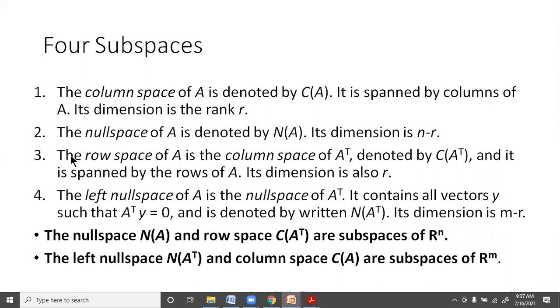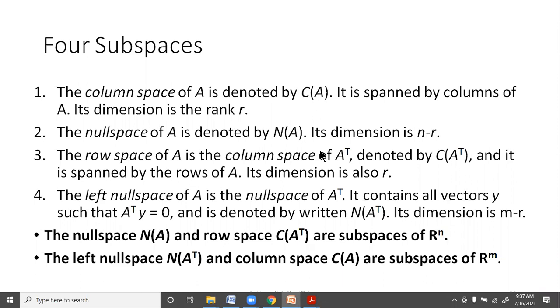Okay, so the row space of A is the column space of A transpose. So what is the difference between row space and column space? If you want to find the row space of A, you just need to find the column space of A transpose.